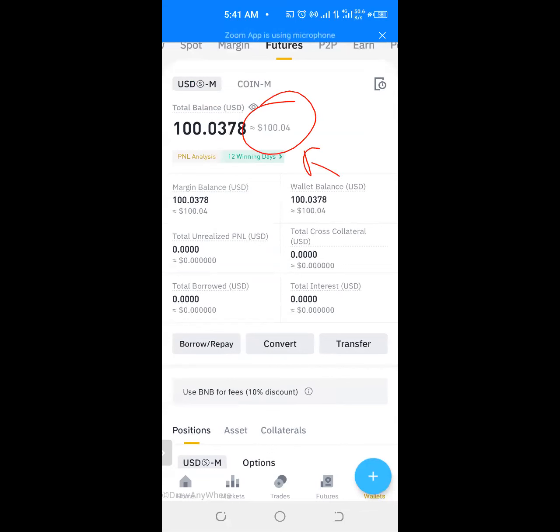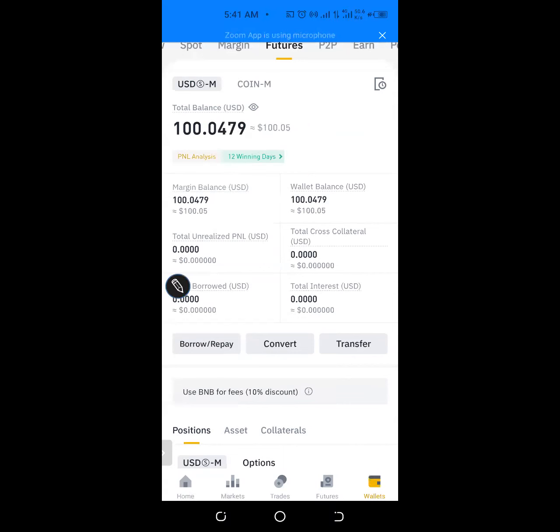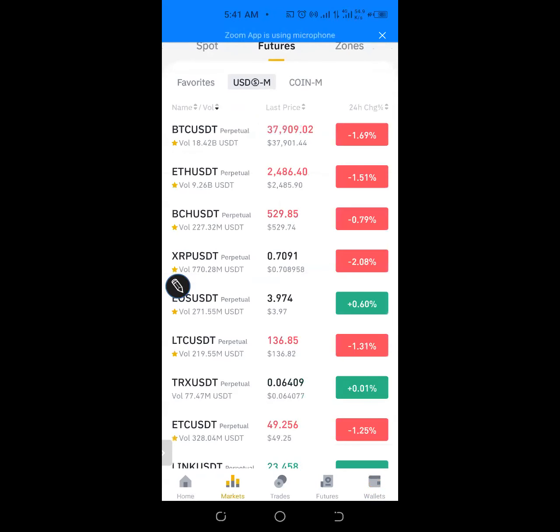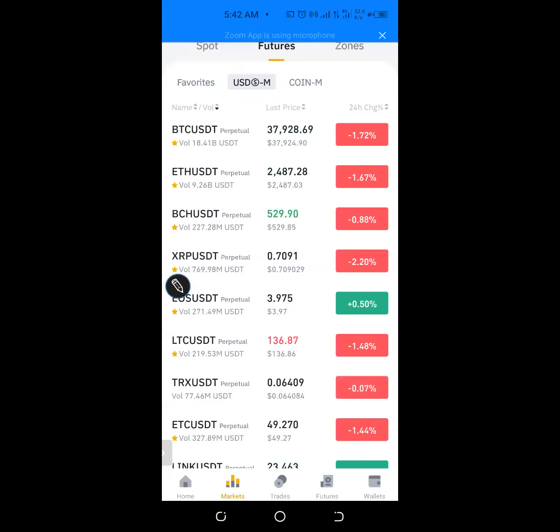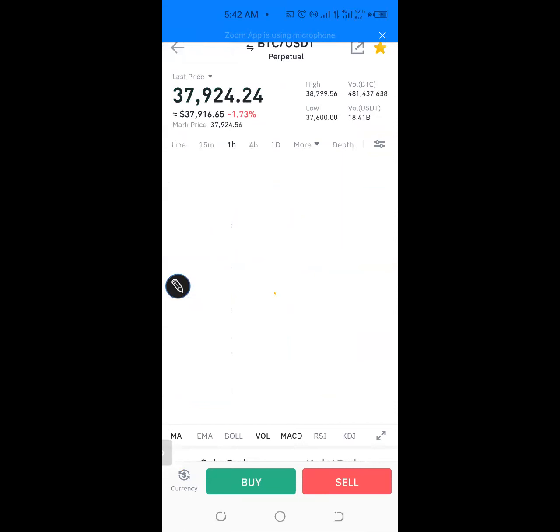So let's go back to the market. And in the market, we go to futures. And under futures, we take the USDM futures because I have US dollars, USDT, which is a stable coin, which I'll be using as my capital to speculate on the price of the underlying asset. So maybe I want to trade Bitcoin in the futures market.